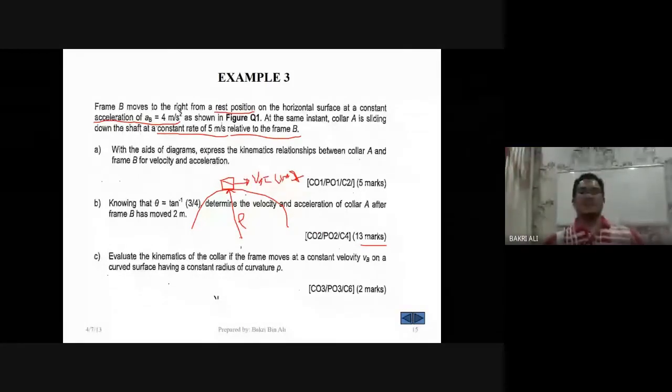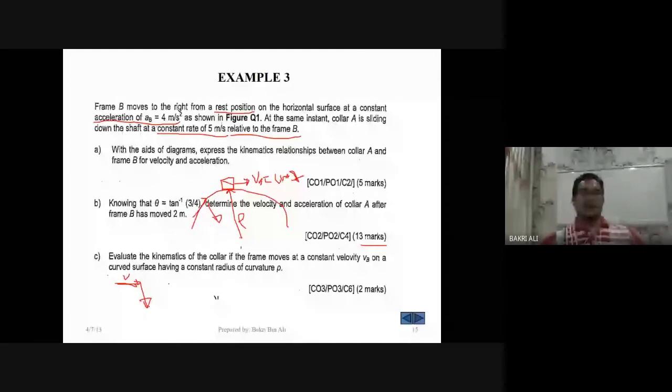We go back to the equation, VA equal to VB plus VA/B. So VB is constant and VA/B is 5, but now in the curved motion.